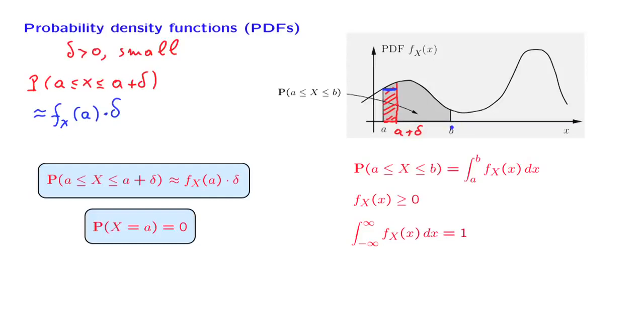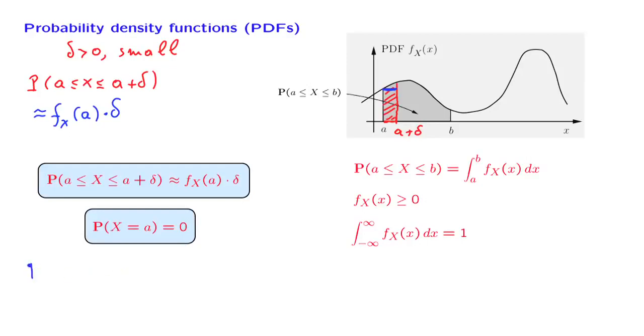Is this a puzzle? Not really. That's exactly what happens also with the ordinary notion of length. Single points have 0 length, yet by putting together lots of points, we can create a set that has a positive length.